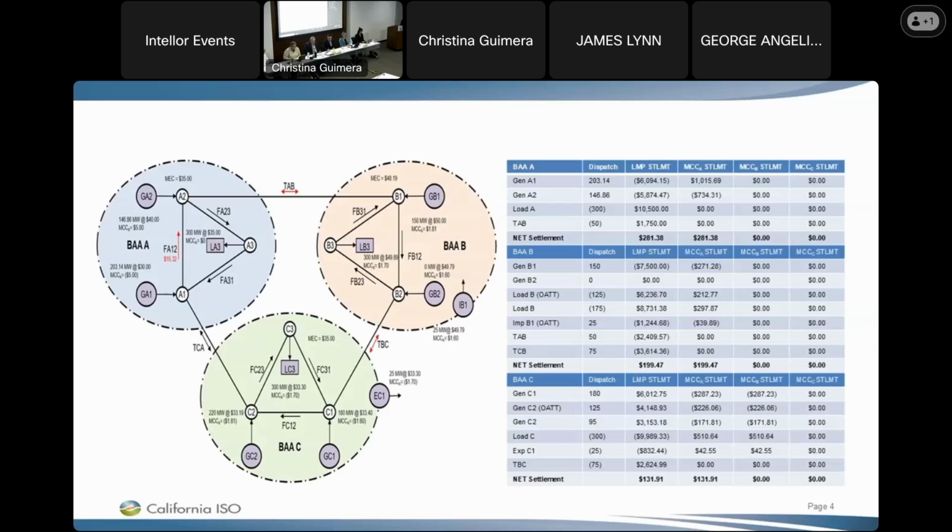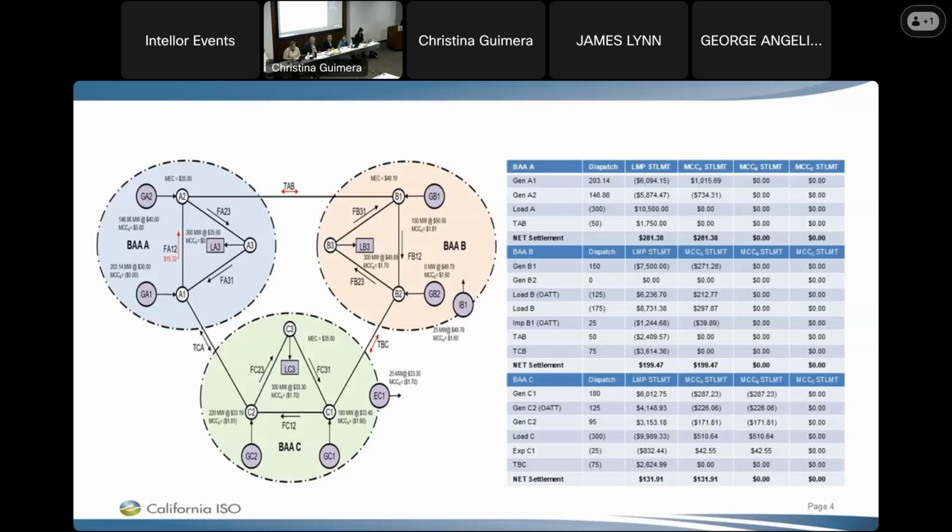Generator C2 also had additional economic dispatch of 95 megawatts. It was paid $3,153.18, so it has congestion exposure of $171.81. Load within that BAA was charged $9,989.33.